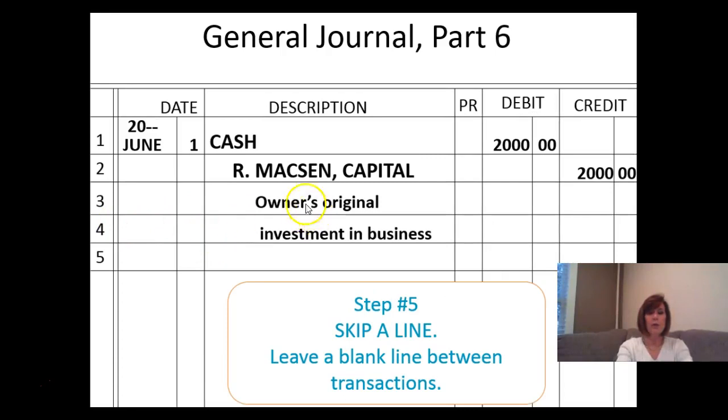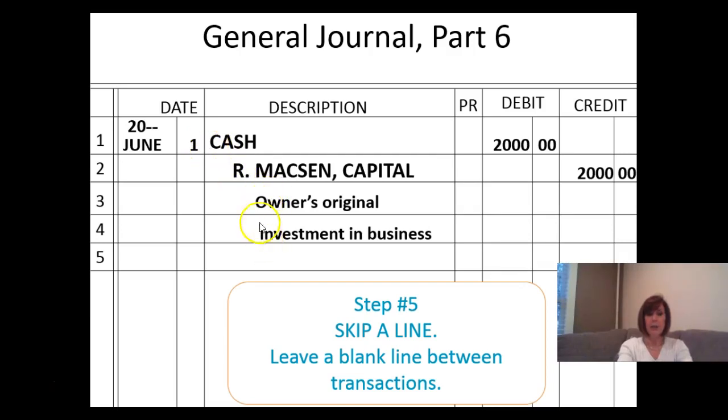So now we're all good here, and we're going to look at our second transaction. But before we do that, we're going to make sure that we skip a line between our transactions. So when you're doing your homework, please make sure, and I think your homework will do this for you already, but if not, just make sure that your credits are indented from where the debits are.